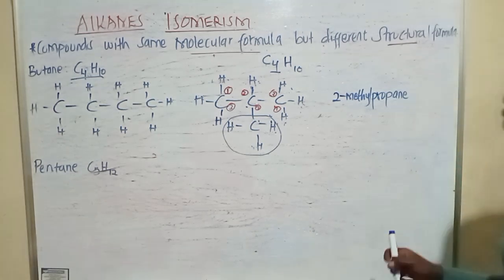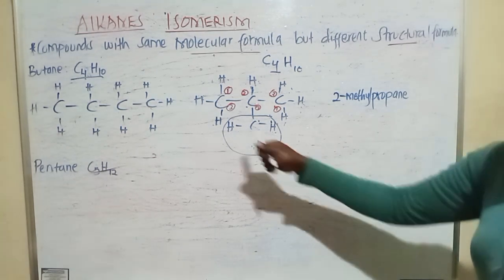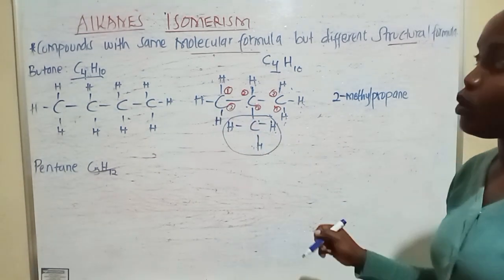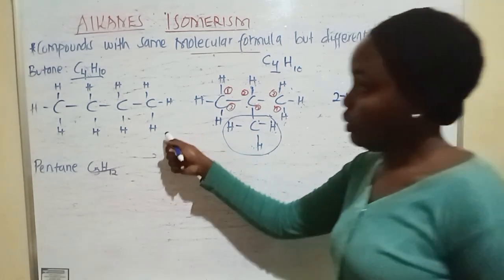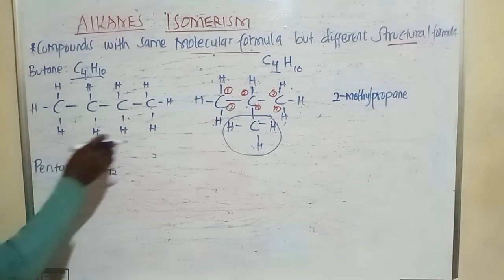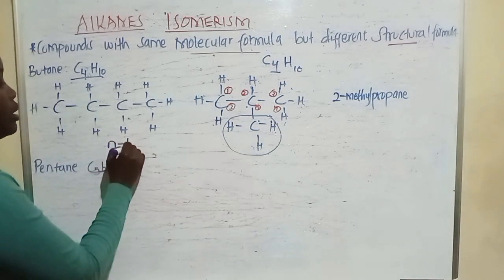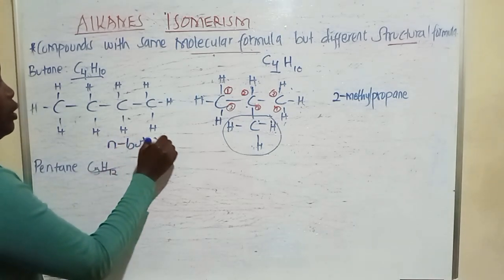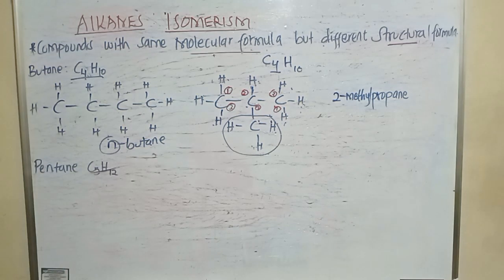So that is the isomer of your butane. We have two isomers: the one we call butane or N-butane, N standing for normal, and 2-methylpropane.